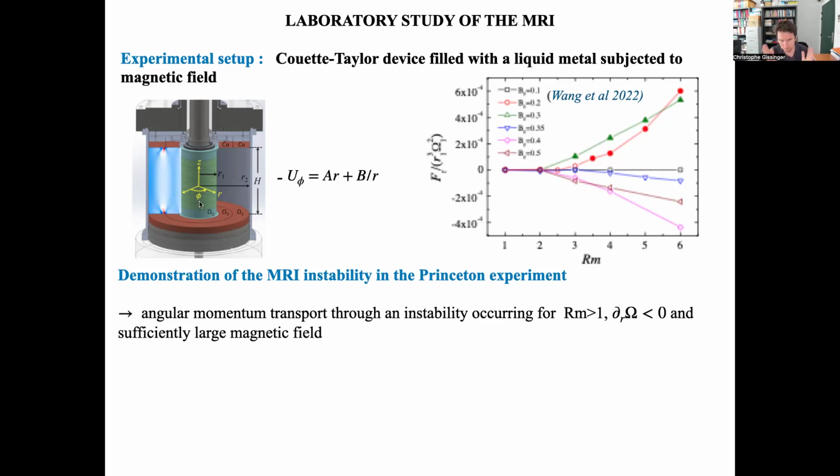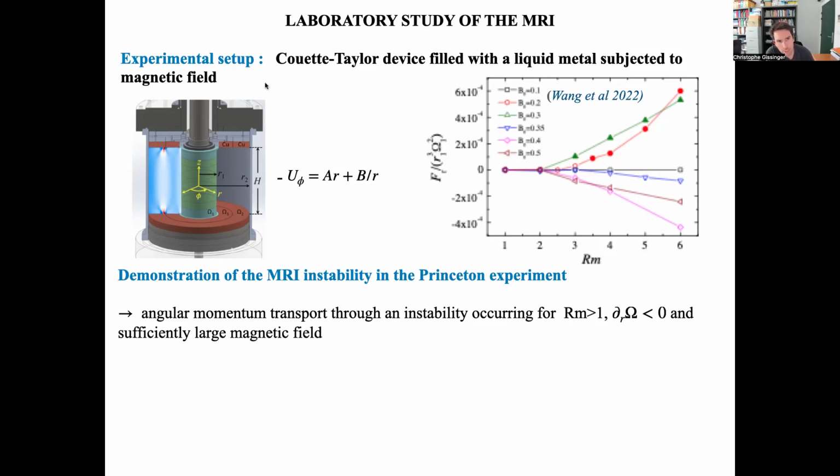So there are some brave people who are doing Couette-Taylor experiments with plasma in order to understand a lot of things about accretion disks. But another choice, much easier, and the one I've been following, is to use a liquid metal. It's also a very good conducting fluid, but measurements and dealing with liquid metal is much easier.